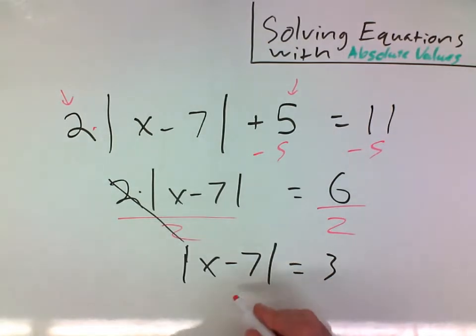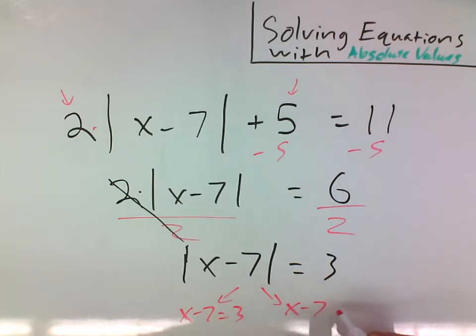Now when I split into two equations, I'll get x minus 7 equals a positive 3, and x minus 7 equals a negative 3. That's going to give me my two solutions. This one gets me x equals 10, and this one gets me x equals 4 when I add to both sides.